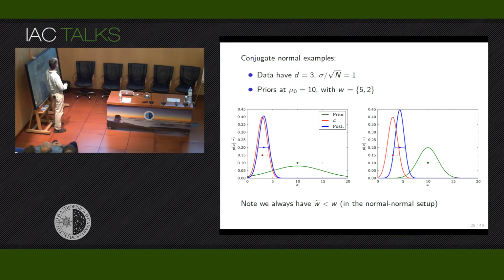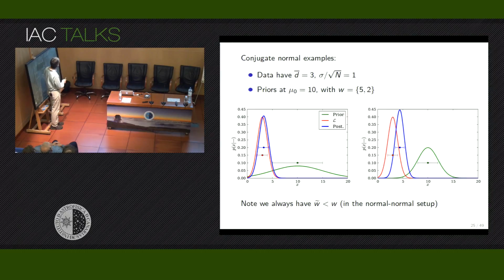So here are some examples of that. Green shows the prior, red shows the likelihood function. We have two cases here. In both of them, the prior is centered at 10, and the data have a mean of 3 with sigma over root n of 1. Here the prior is broad.